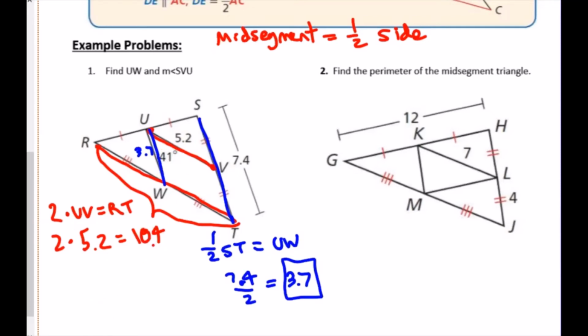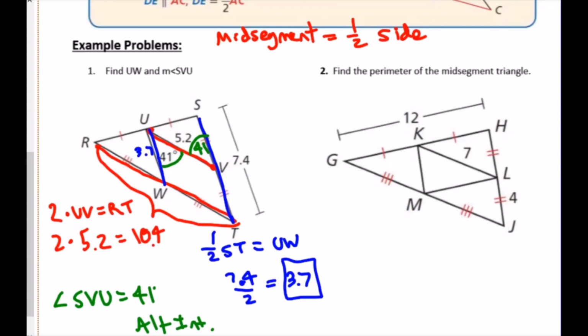VUW, angle 41, and UVS, or SVU, these are alternate interior angles, and they are also congruent. So the missing angle is 41. So let's write our answer. Angle SVU equals 41 because they're alternate interior angles. True? True.